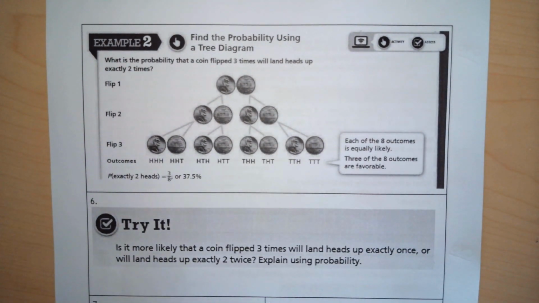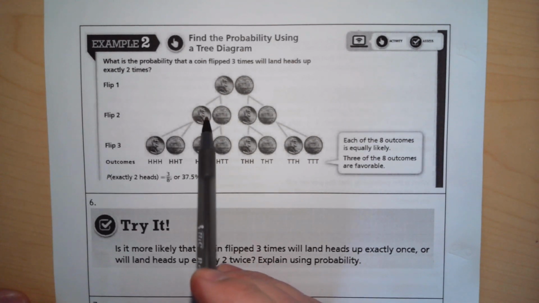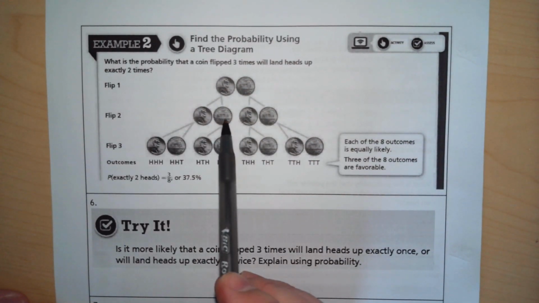So finding the probability using a tree diagram, we've seen this before, flipping coins. So this is what it looks like. So we have the first flip. After that, each coin could land heads up in the second flip, or tails up.